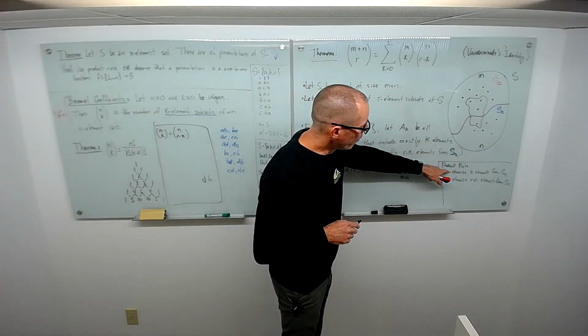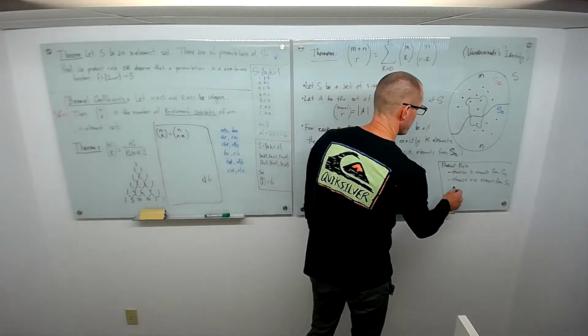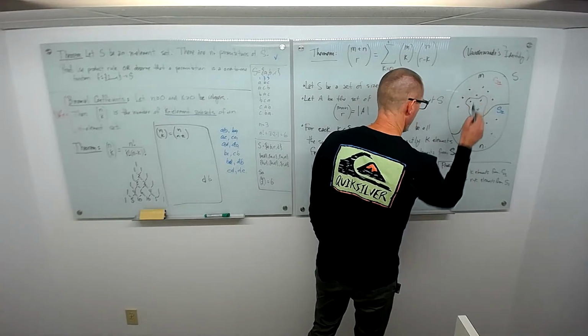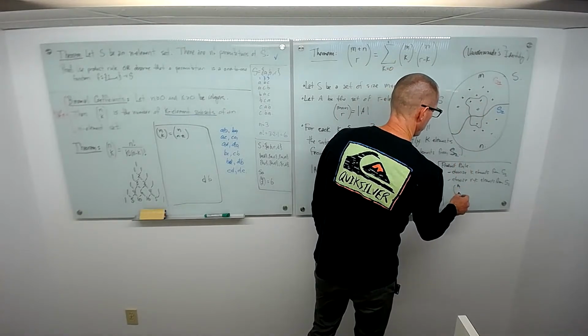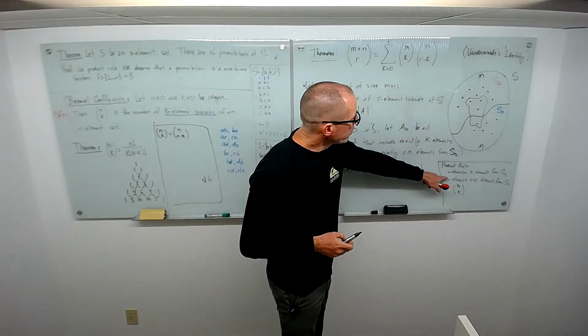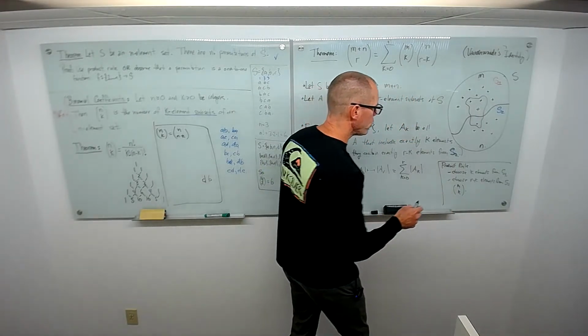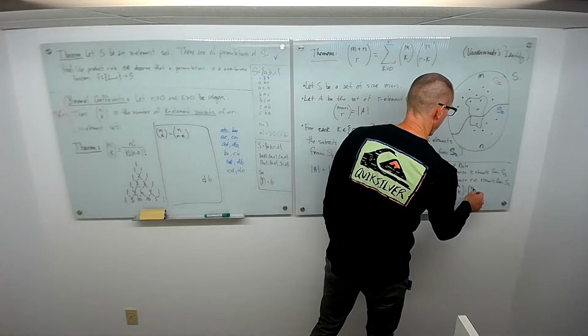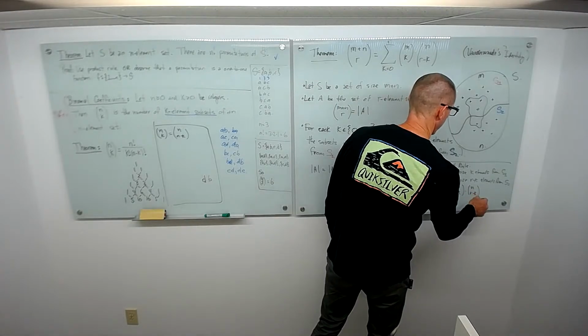The number of ways of doing this first step is the size of S1, which is M, choose K. And the number of ways to do the second step is the size of S2, which is N, choose R minus K.